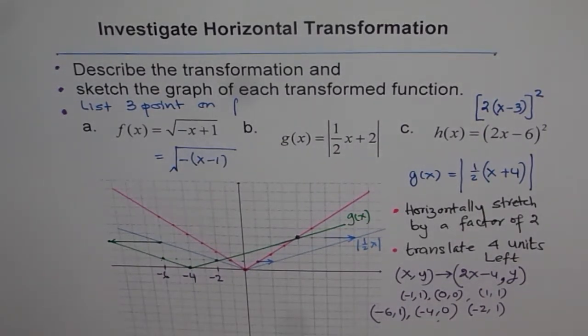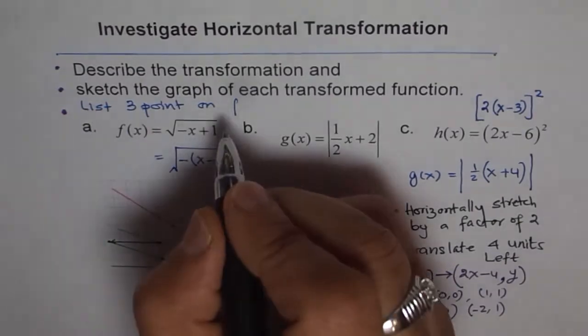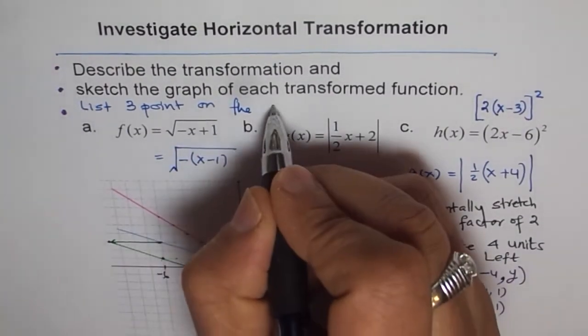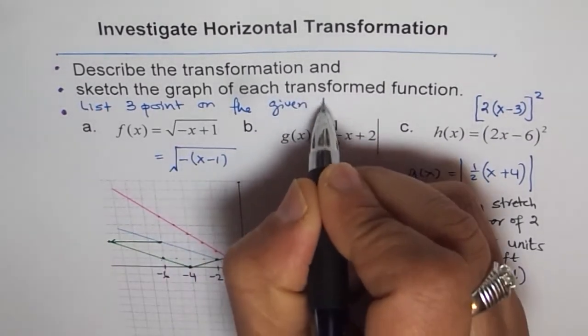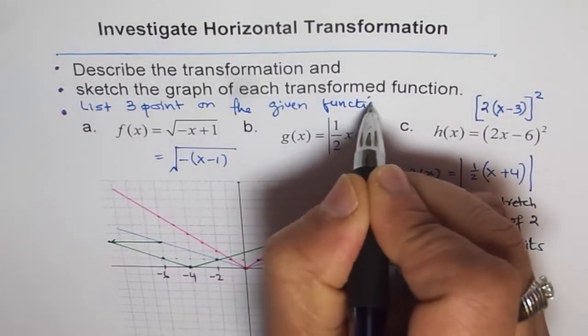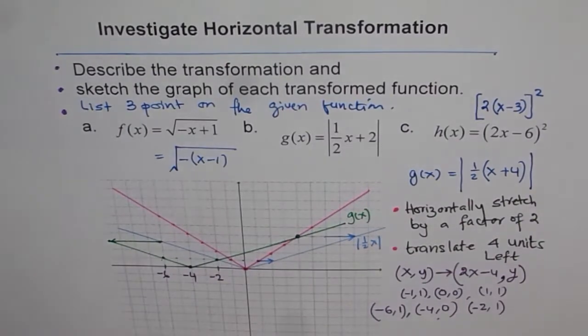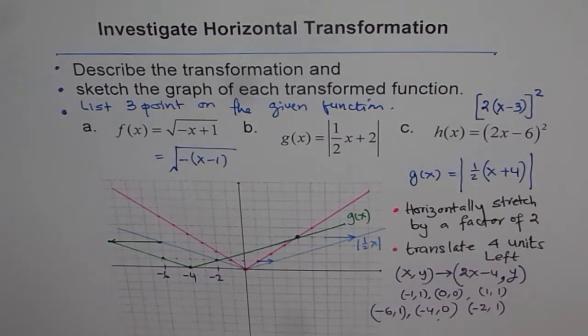So all these terms are kind of similar. Anything could be written as list 3 points on, let's say, the given function. So once you do, you give 3 points and check your result. The whole idea here is for you to check the result, right?